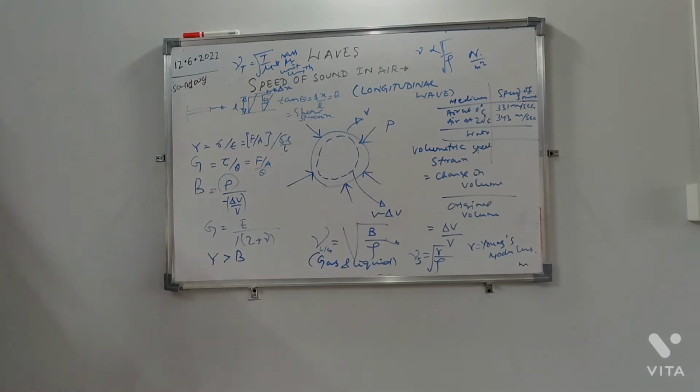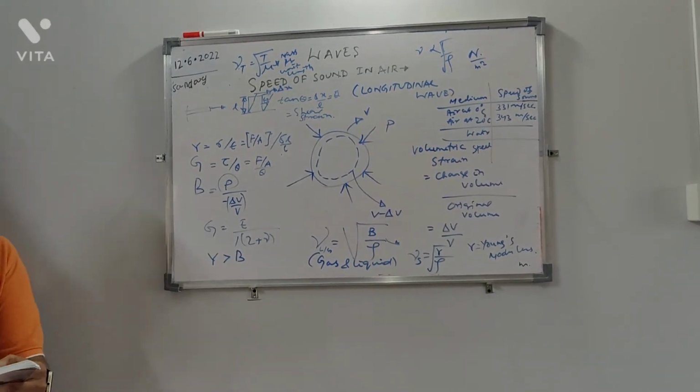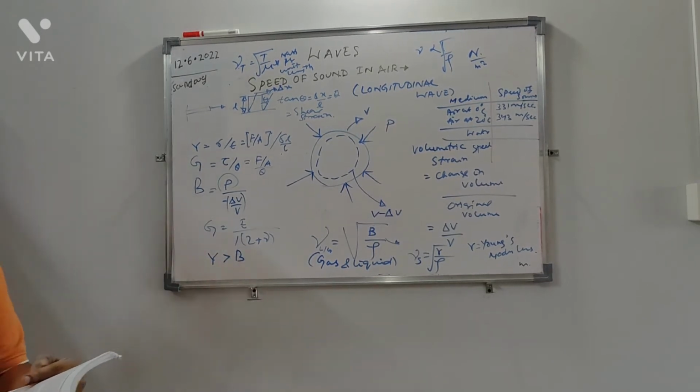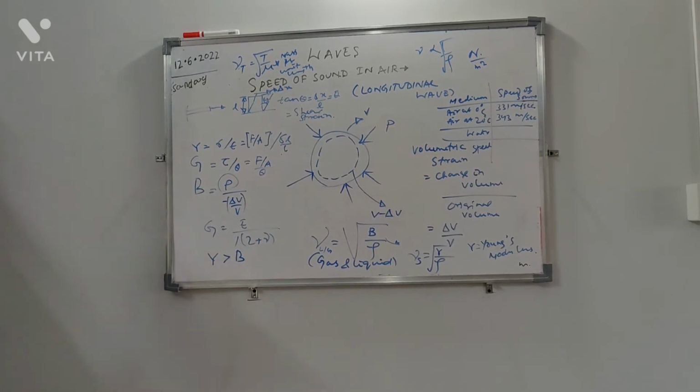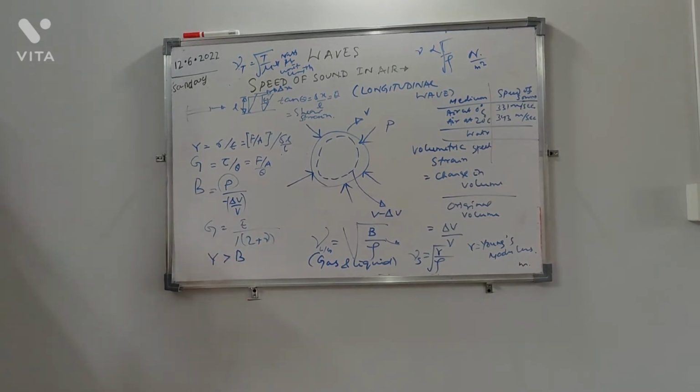Similarly, there are examples of hydrogen and helium. Helium is 965, whereas hydrogen is 1284. Why are they more? Because air has nitrogen, which is much denser than helium or hydrogen.